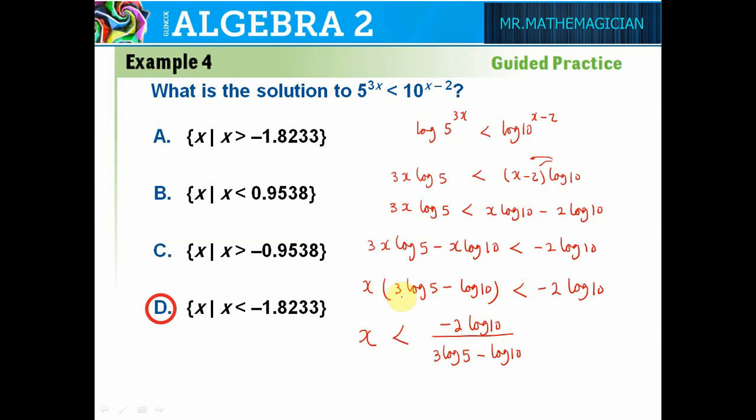So quickly, you write 3 log 5 minus log 10 on the calculator. You will find it positive, so you divide by without changing the sign. Now, you can use calculator for this one. So you will discover that x is smaller than negative 1.8233.